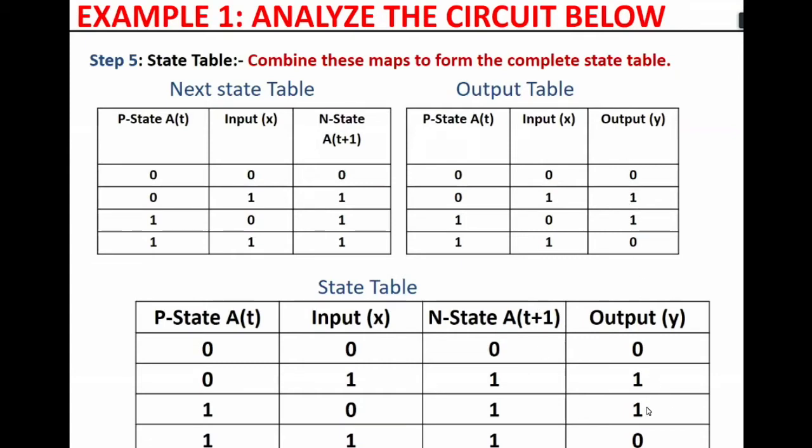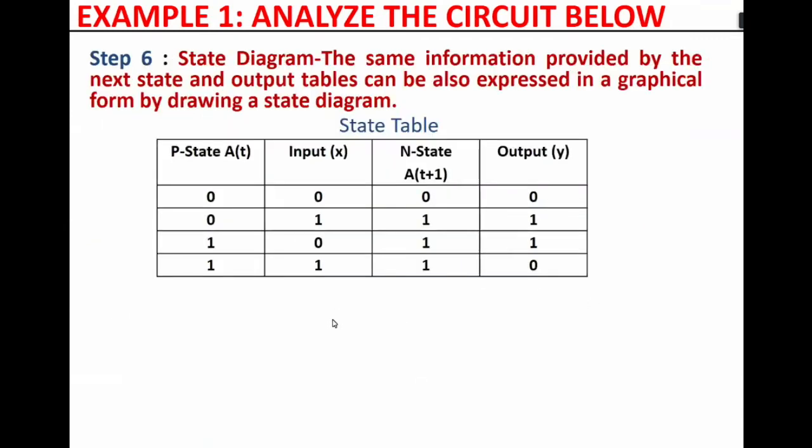You don't need two tables, you combine them into one. There are different forms of state tables, different configurations, but they all have the same information. Remember, the state table and the diagram have the same information.